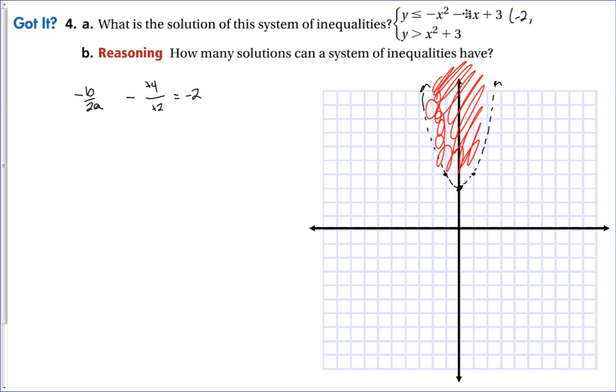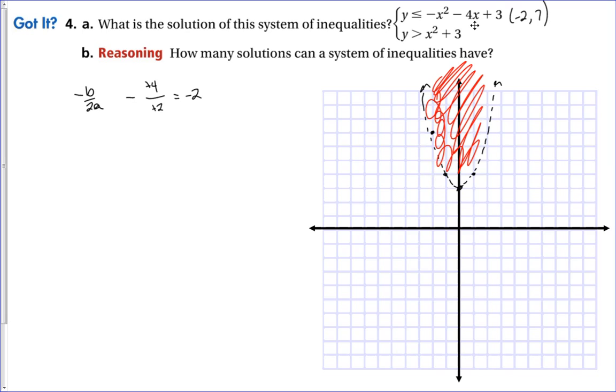We're going to have negative 2 squared minus 4 times negative 2 plus 3. So 7 is our other vertex. Negative 2, 7. So 1, 2, 7. 1, 2, 3, 4, 5, 6, 7.